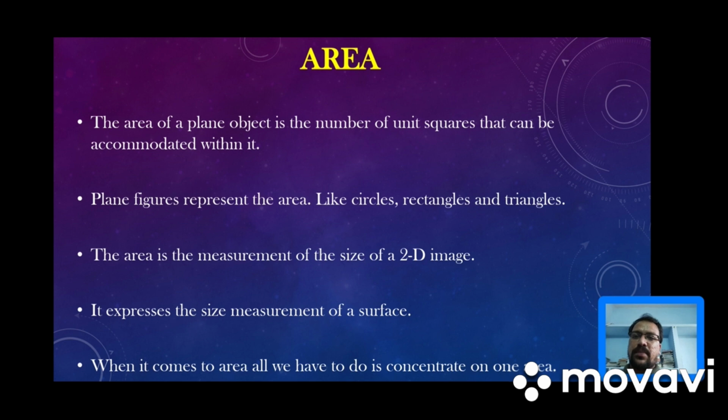Plane figures represent the area, like circles, rectangles and triangles. We have covered this. The area is the measurement of the size of a 2D image. If there is a 2D image and you want to discuss the size of that figure, then you use the word area. With area, you measure the figures.